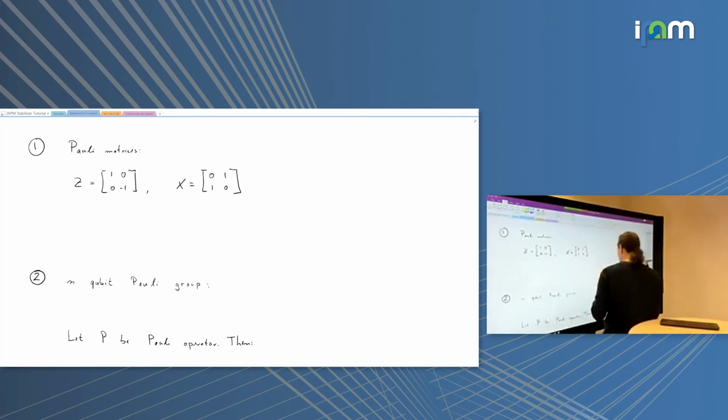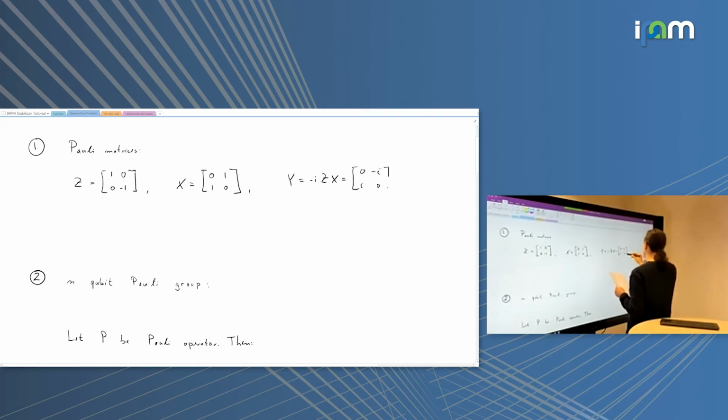And I'll just introduce a few more definitions, but they all arise from Z and X. So Y is defined to be negative i times the product of Z and X. And if you work it out and get all the phases right, then you find that this is this matrix with imaginary units plus minus on the off diagonal. And we also will need the 2x2 identity matrix.